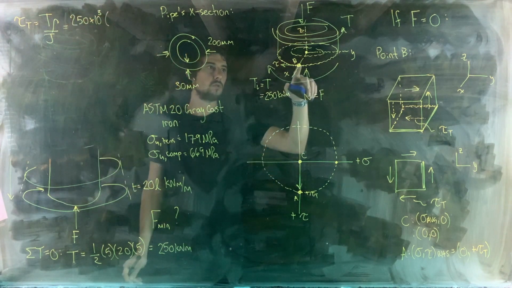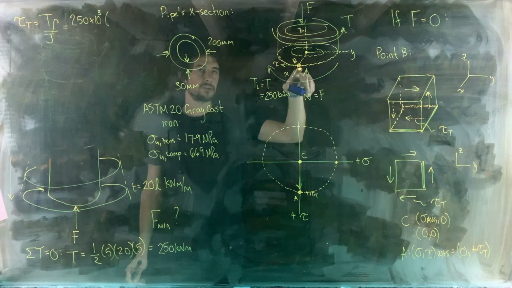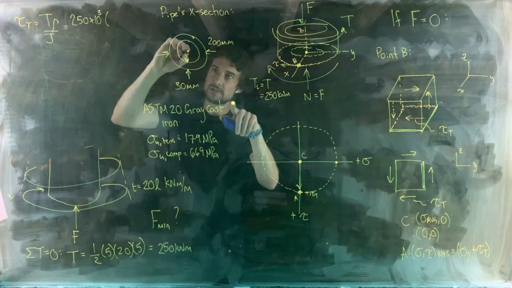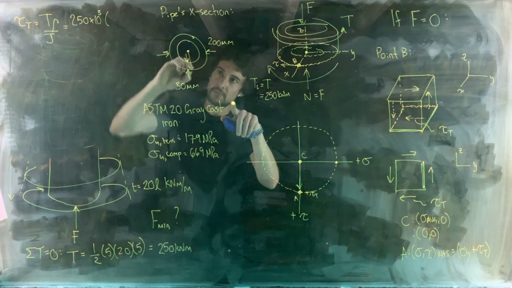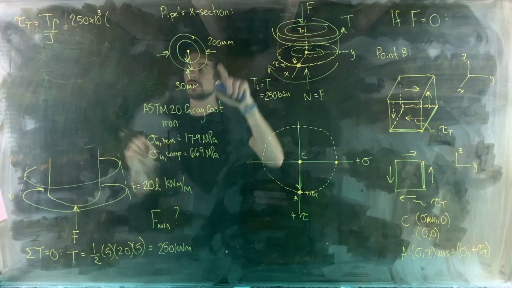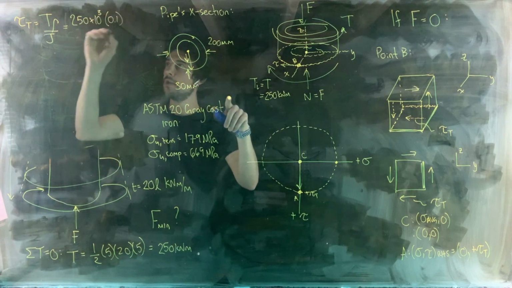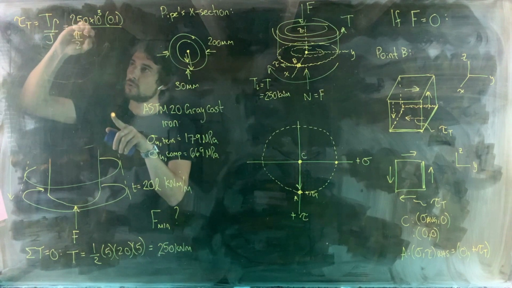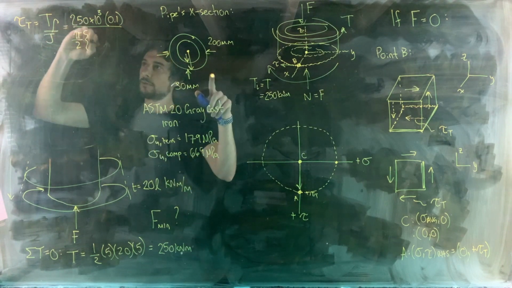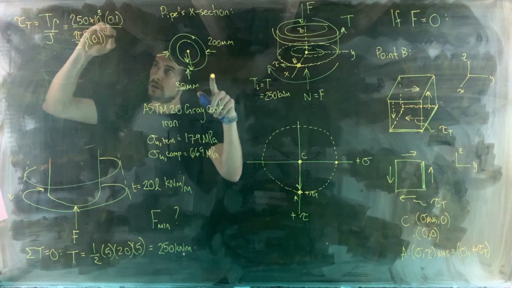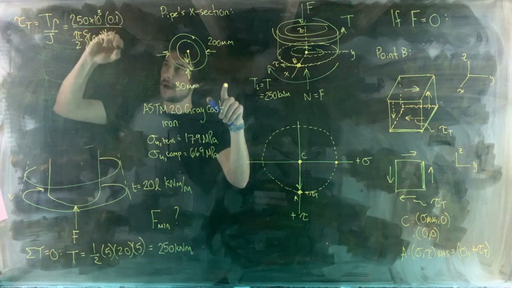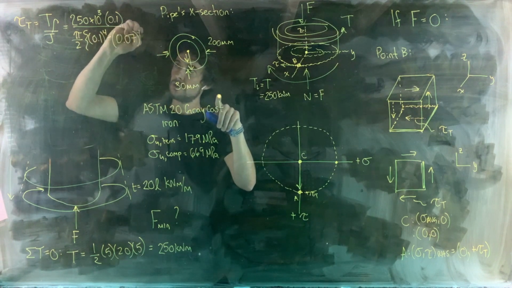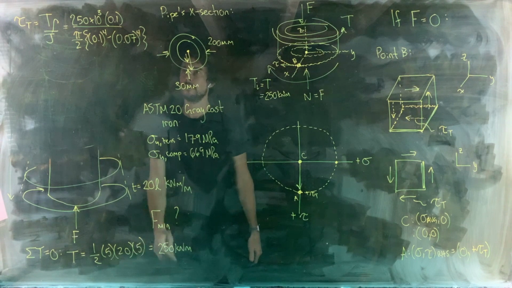Our distance rho, at the outer circumference, is the distance from our axis of rotation to the point of interest, so that's the outer radius, 100 millimeters, so 0.1, divided by J, pi over 2 times outer radius to the 4th power minus inner radius to the 4th power. 100 minus 30, 70, 0.07 to the 4.